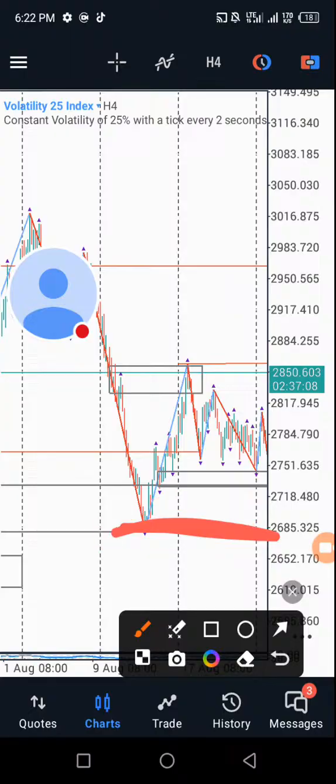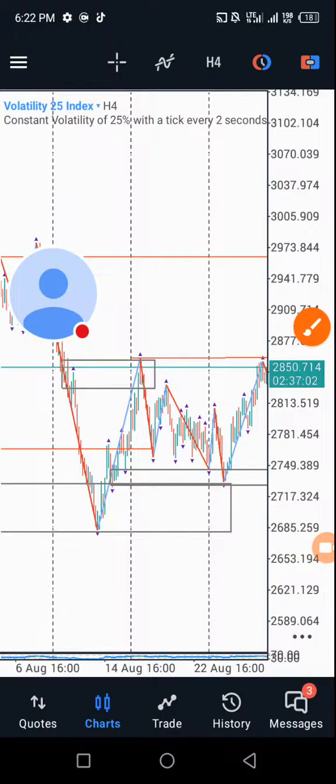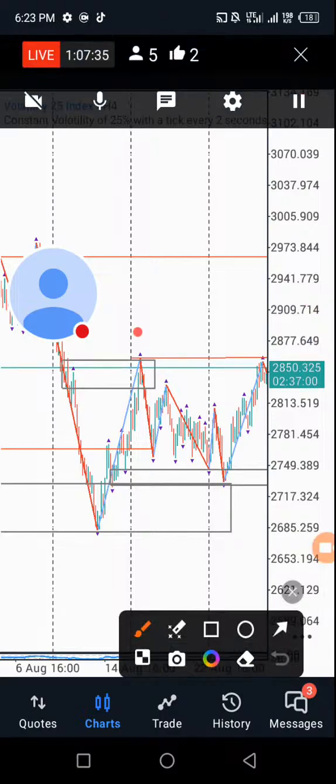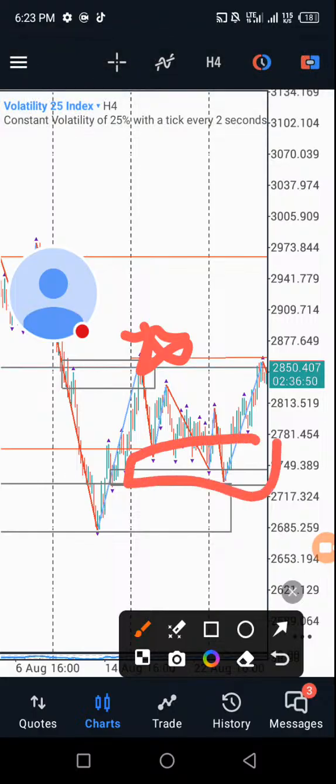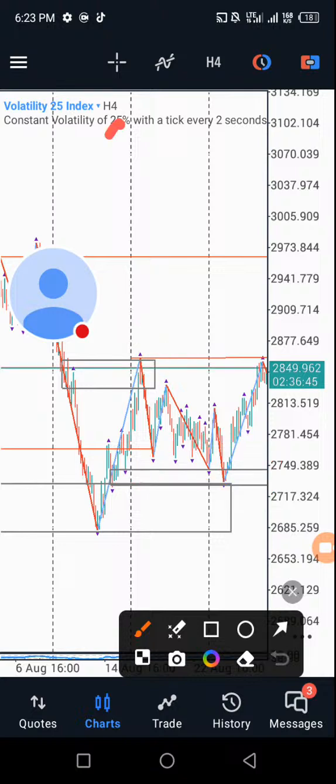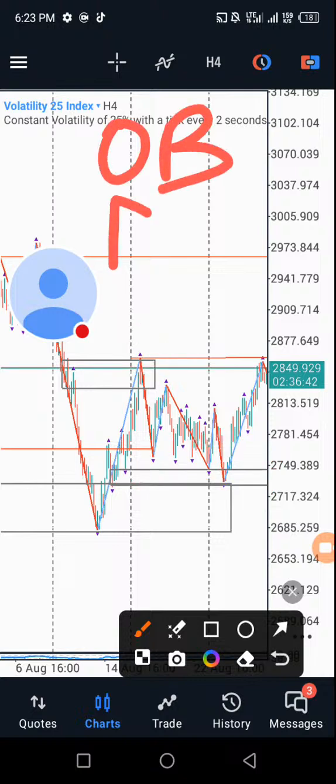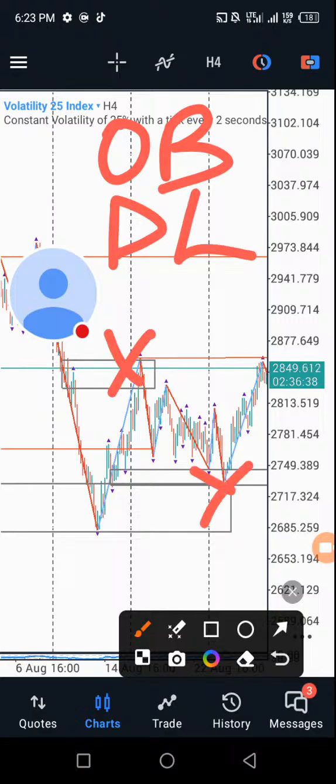But if that doesn't happen and the market takes out this high, we are going to consider the level that takes out this high. That level is what will now be our demand. Remember, what I'm talking about now is supply and demand, because here is actually our supply level.